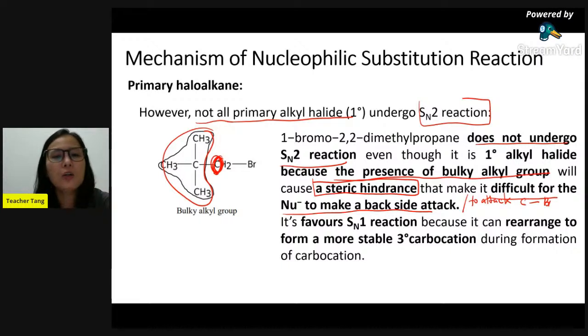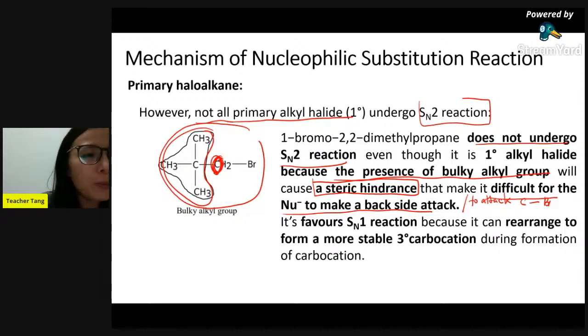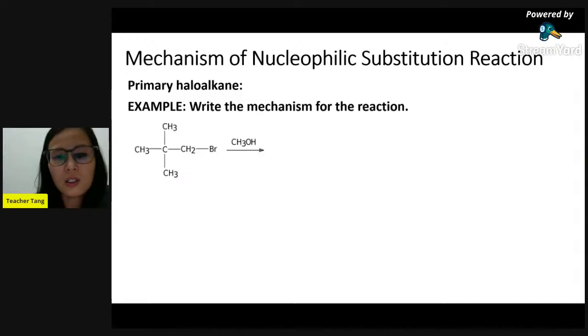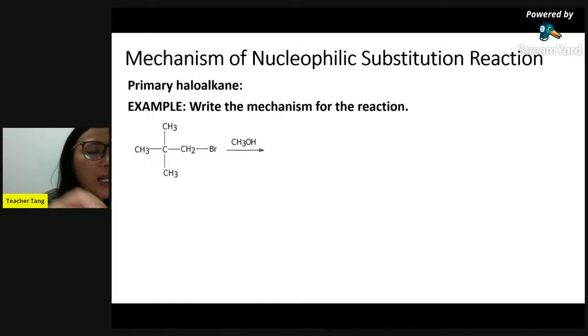So due to high steric hindrance, this primary haloalkane actually proceeds through the SN1 reaction mechanism by undergoing rearrangement to form a more stable carbocation ion. Shall we have a look at the reaction mechanism? Again, this is a primary haloalkane because it has 2 hydrogen, which means 1 alkyl group.